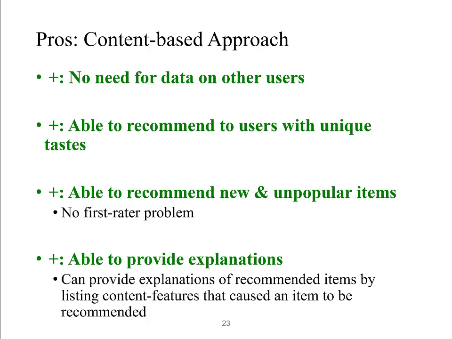It only relies on the ratings from the specific user. It does not need any data from other users. So even if you have only one user, you can still use this approach and recommend items to that user.